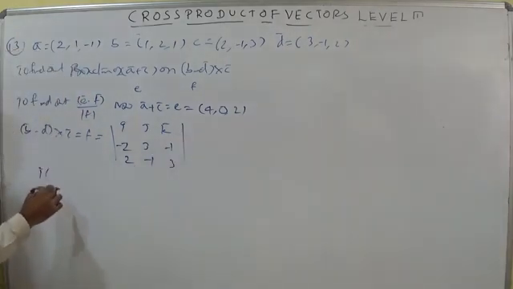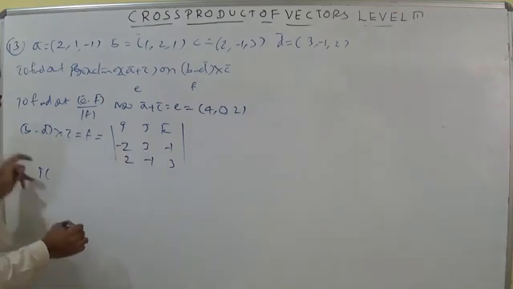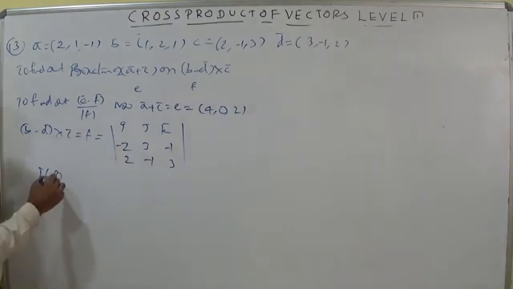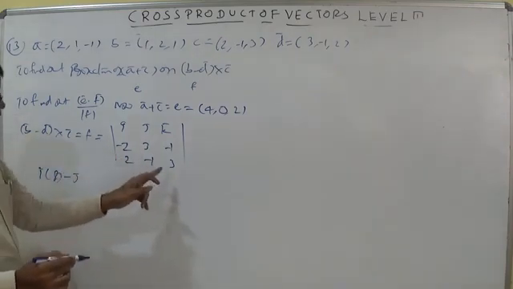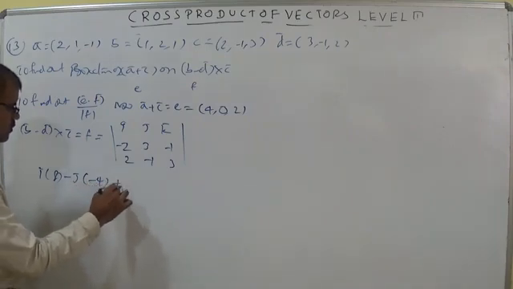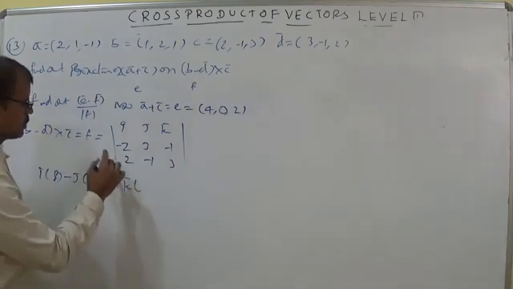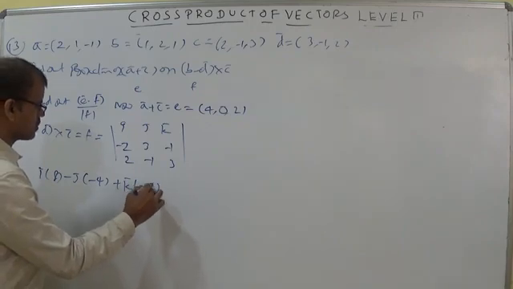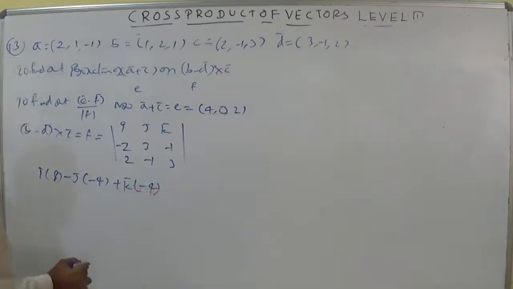Taking the cross product, i into 9 minus 1, this is 8. Minus j into minus 6 plus 2, which becomes minus 4. Plus k into 2 minus 6, this is also minus 4. So this is F.